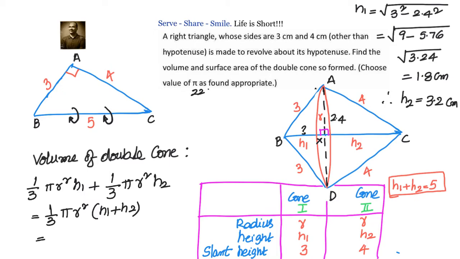So we can go ahead and simplify that by substituting pi equals 22 by 7, or you can take 3.14 also. 1 by 3 into 22 by 7 into r square, that is 2.4 whole square, into 5, and simplify that.